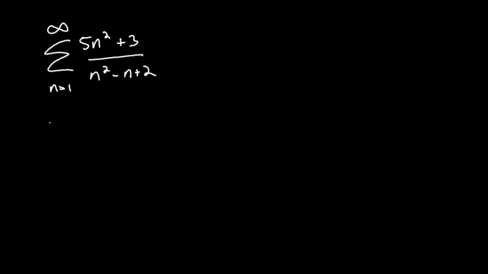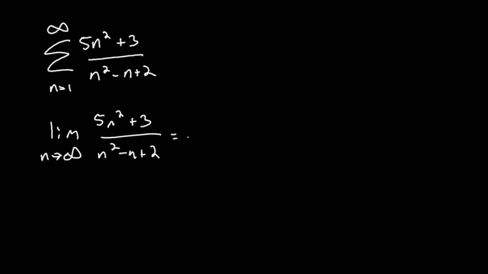So first, divergence test. As the limit as n approaches infinity for your function of the sequence 5n squared plus 3 over n squared minus n plus 2. Well, this essentially equals, remember what I said about how you only care about the largest exponents in the denominator and numerator?